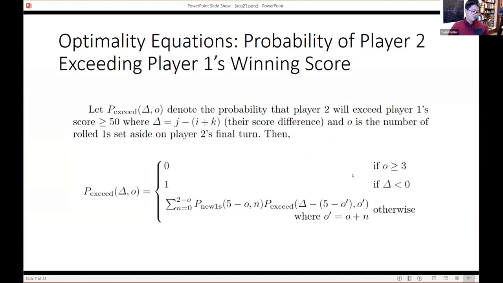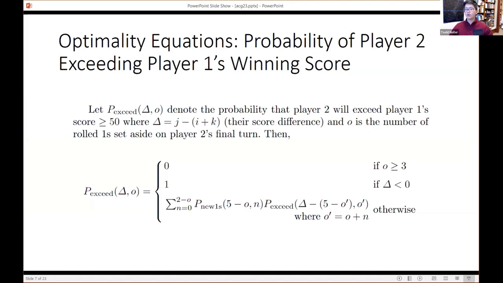And next we want to find the probability of player 2 exceeding player 1's score. This is a very special part of this game's characteristics, since player 2 has a chance to exceed player 1 even when player 1 has reached the goal score. PXC denotes the probability of player 2 exceeding player 1 when player 1's score is larger or equal to 50. Taking two parameters, delta, the score difference of player 1 and 2, and O, the number of rolled ones set aside for player 2's turn.